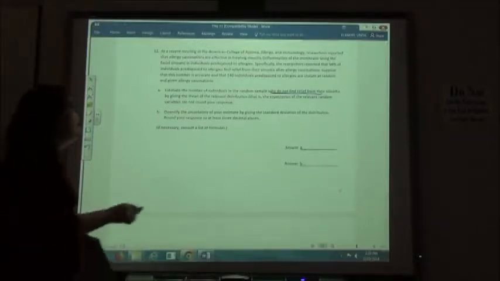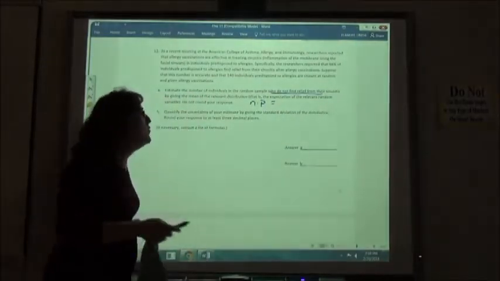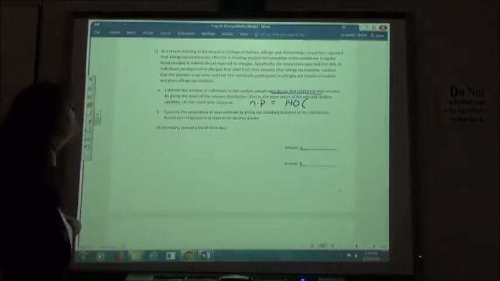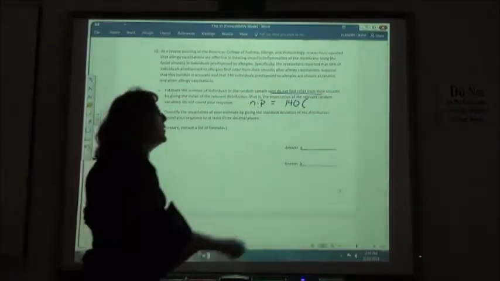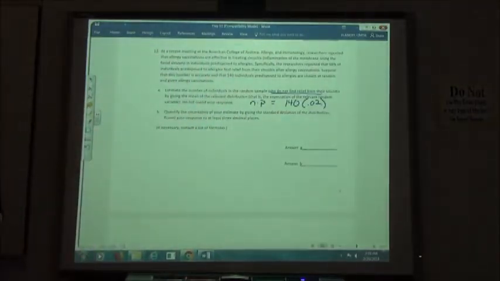n is going to be 140. What percent do not find relief? 0.02, exactly. So they gave us the percent who found relief, but in the question they wanted the percent that do not find relief.